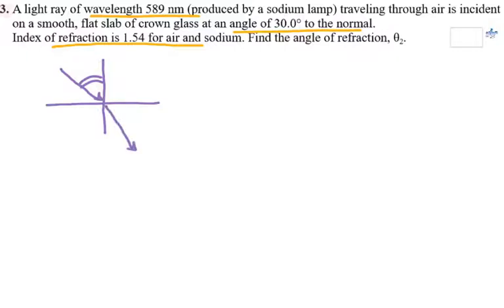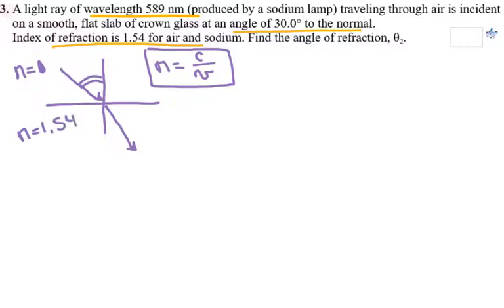They ask you for the index of refraction of the glass. For air, n is equal to 1. Again, n is the speed of light over the medium velocity, and for air we take 1, and for the glass it's 1.54. So this is n2, this is n1, and Snell's law says n1 sine theta 1 is equal to n2 sine theta 2.